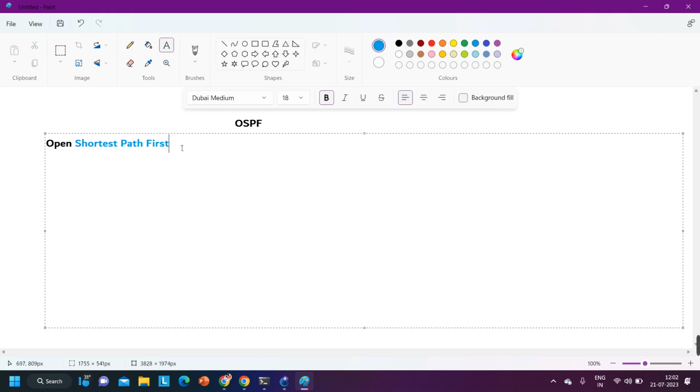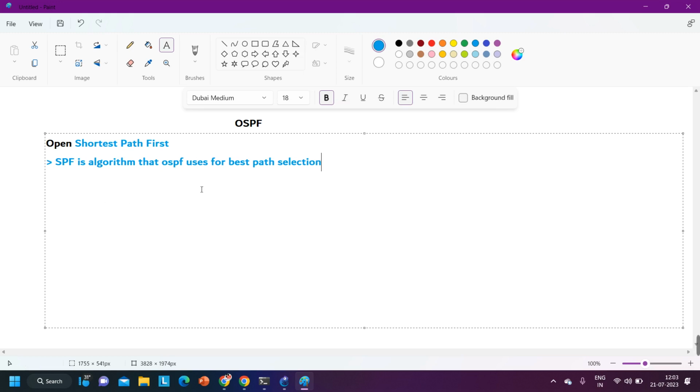In short, we call it SPF. SPF is an algorithm that OSPF uses for best path selection.